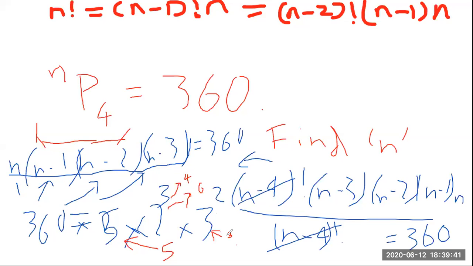So you can also write the factors as 3 times 4 times 5 times 6, and you can notice how it matches up. You can see that it all fits if you place in n equals 6.